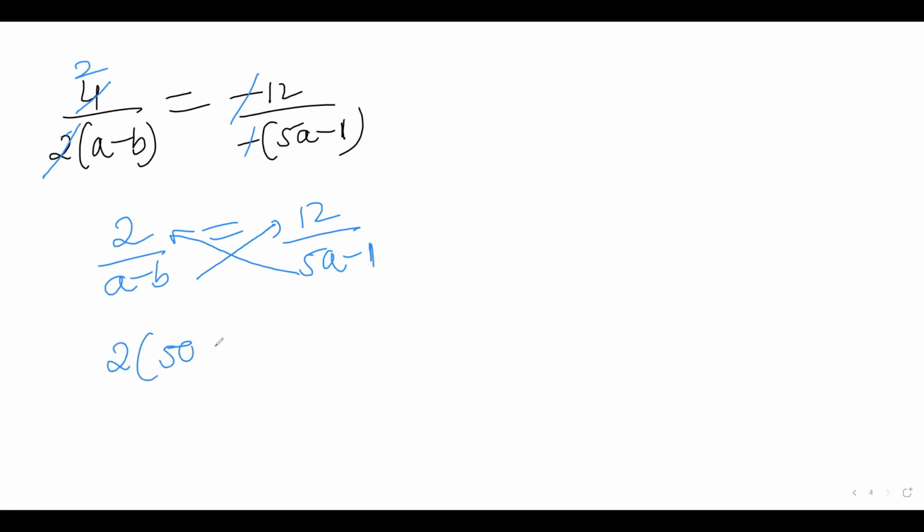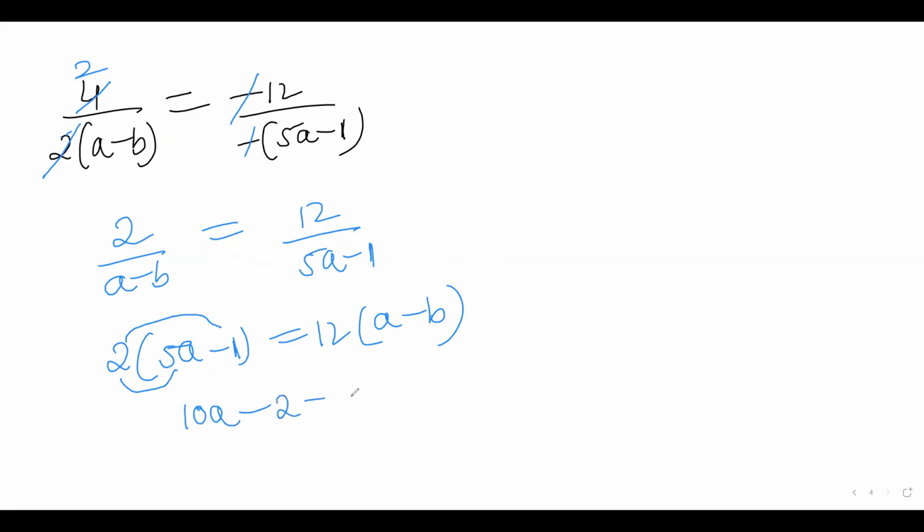2 into 5a minus 1 is equal to 12 into a minus b. Now 2 5s are 10a, 2 1s are 2. 12 into a, 12a; 12 into b, 12b. Take all a's to one side, b's to the other side. Okay, let us take all variables to one side.